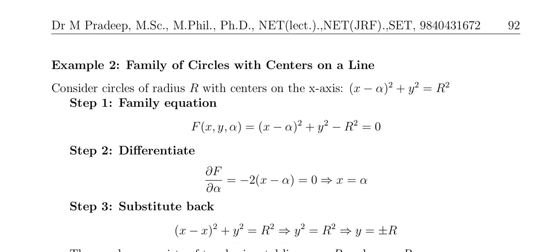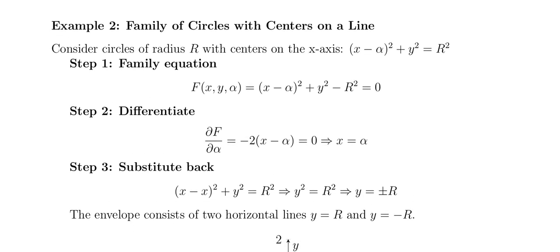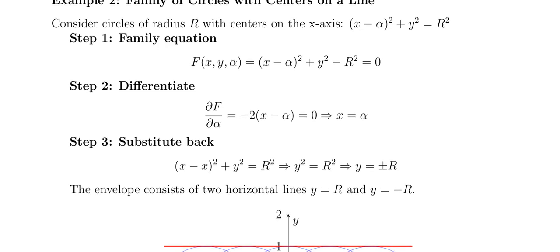Similarly, a family of circles with centers on a line. Consider the circle of radius r with centers on the x-axis, at a, 0: x minus a whole square plus y square equal to r square. This is a particular circle with centers on the x-axis.